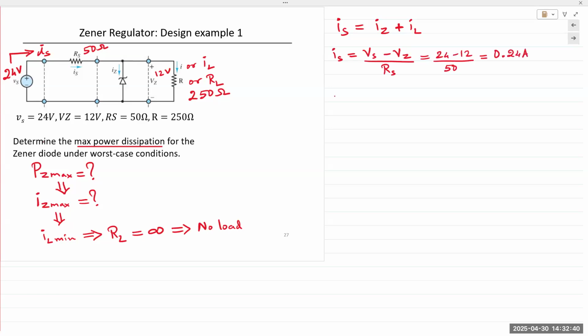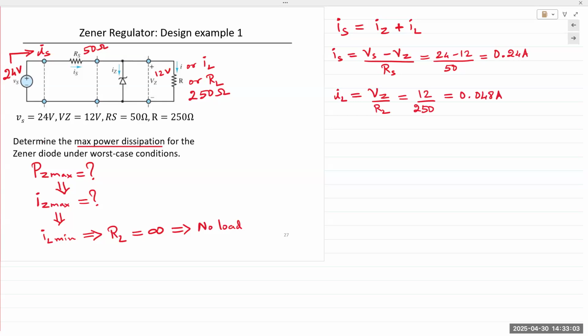And we can find IL for these standard conditions. We are not looking at worst case just yet. It would be VZ over RL, which is 12 over 250, which is 0.048 amps.